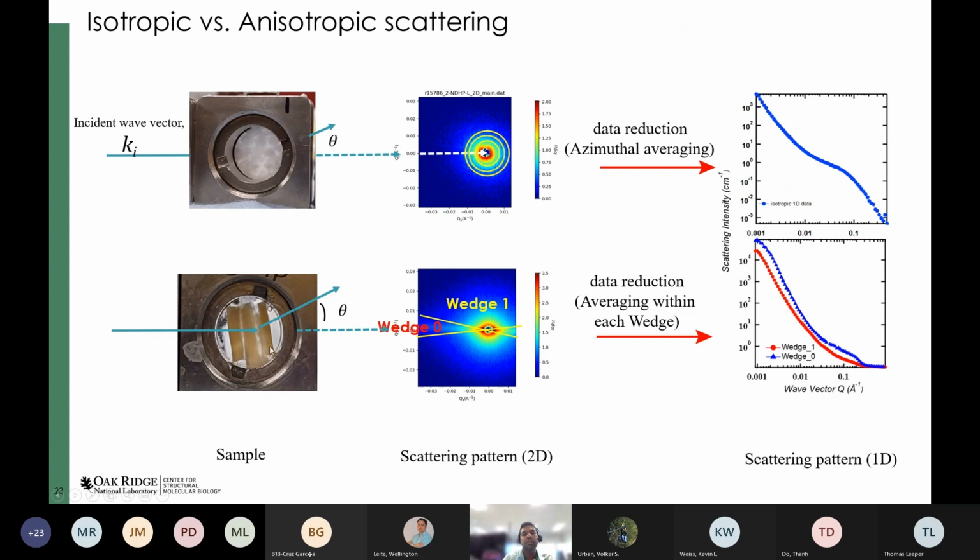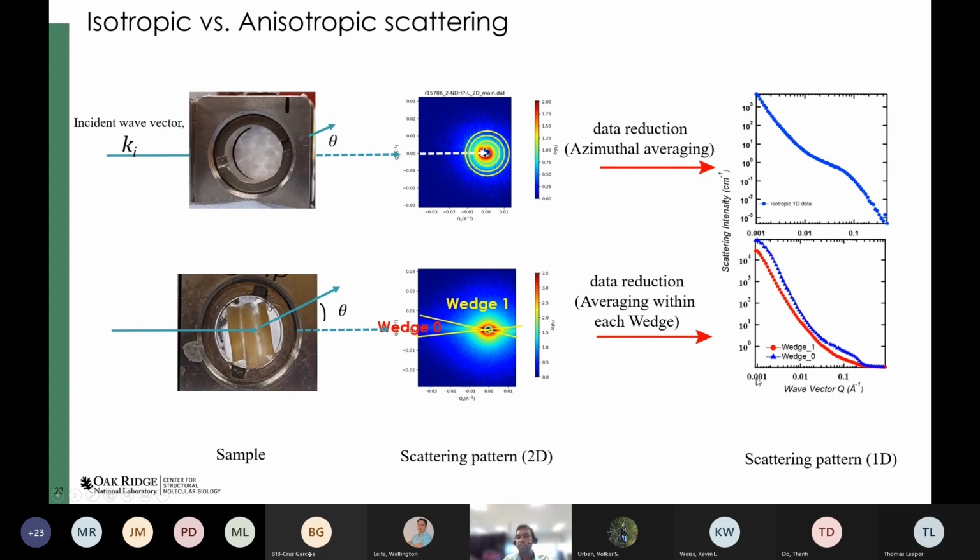But because we have long structures in the hierarchical systems, as in this case the cellulose fibers, we cannot see the length of the cellulose fibers. So we have these asymmetric scattering patterns. In this case, we do the wedge reduction. We define two wedges, wedge 0 and wedge 1, and we reduce those two wedges separately.